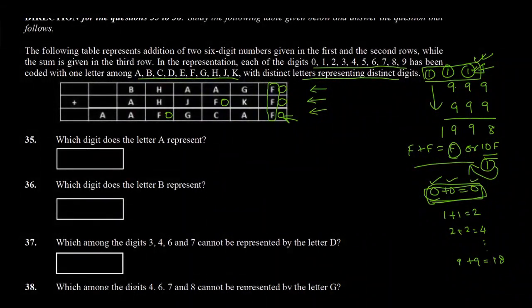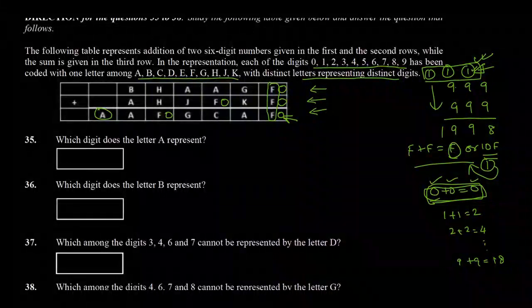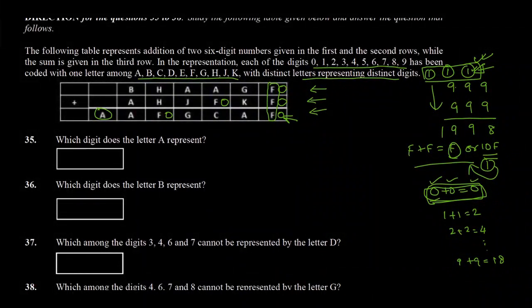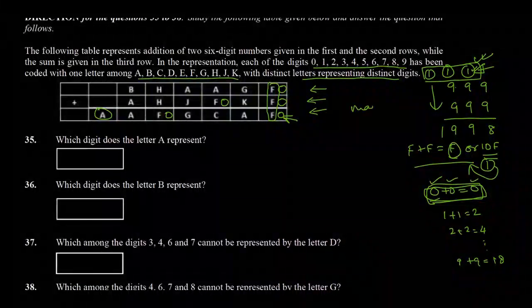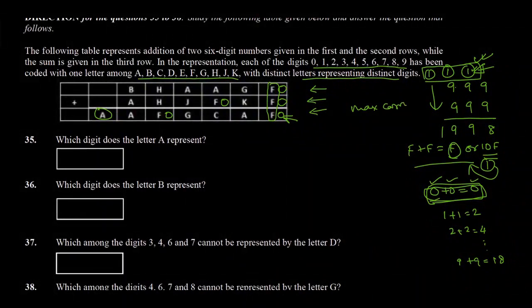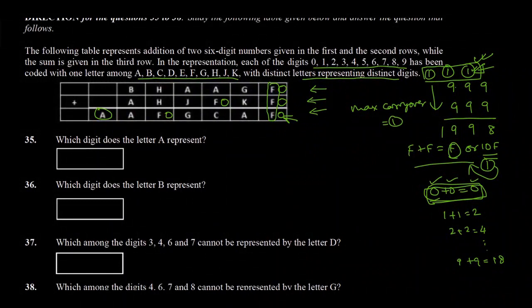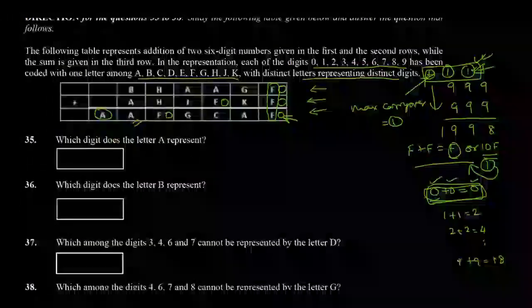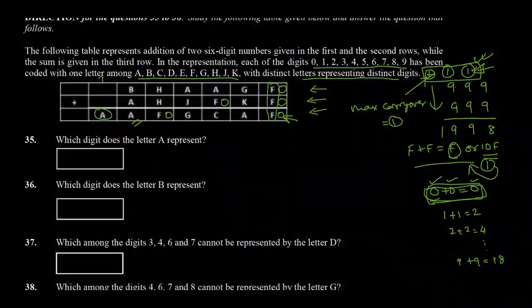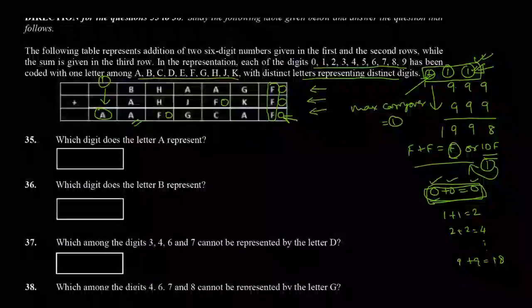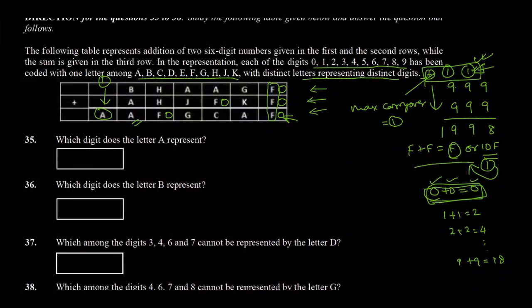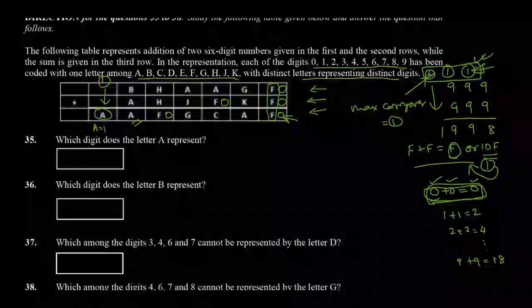Now let's look at the number A. As I told you, the maximum carryover is equal to 1. So whatever number is coming here, there is a number being carried over here, which is 1, which is being written as A. So A is equal to 1.